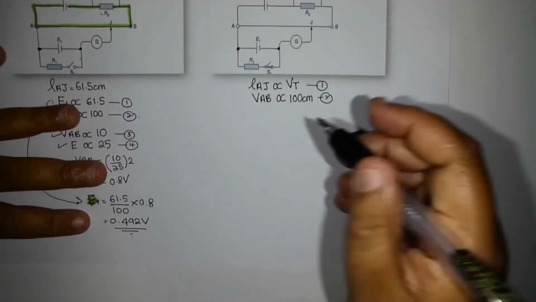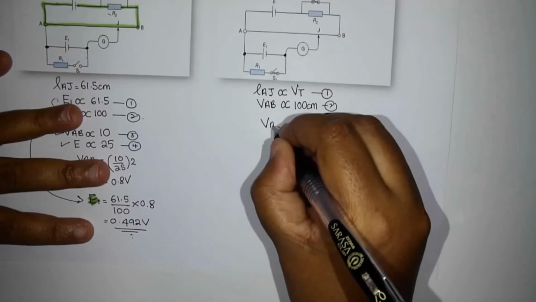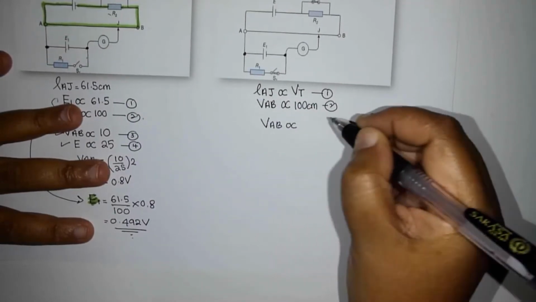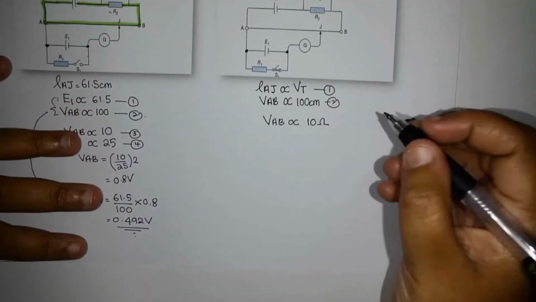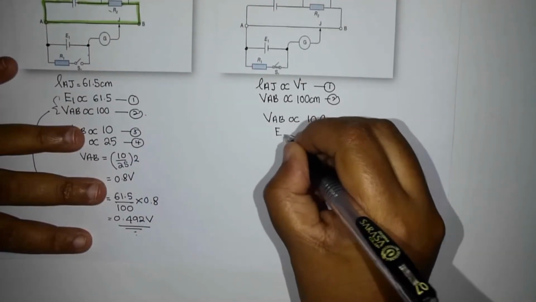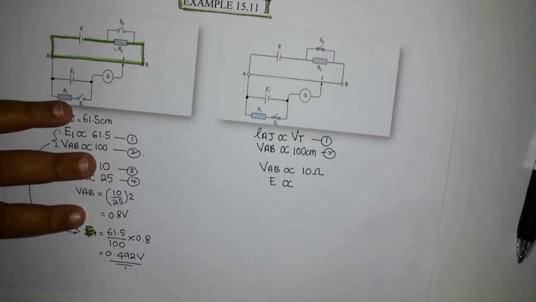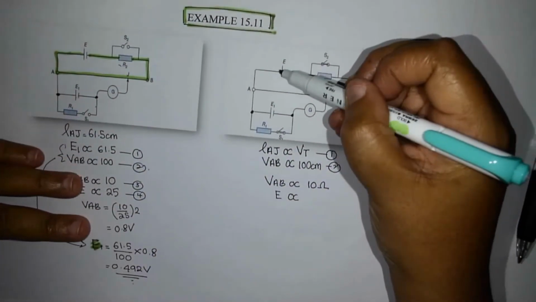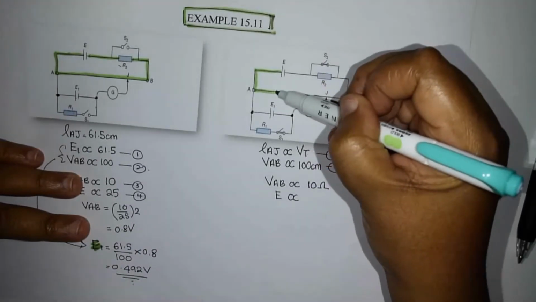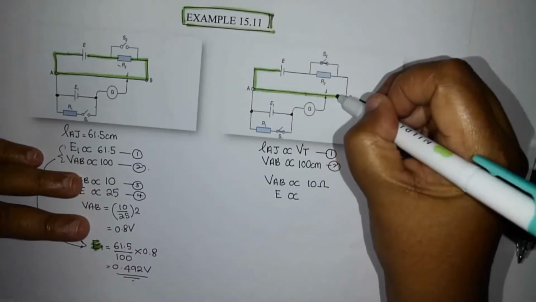So the first one will be VAB is directly proportional to 10 ohm, and then E is directly proportional. When the switch is closed, the flow of the current will be towards here.